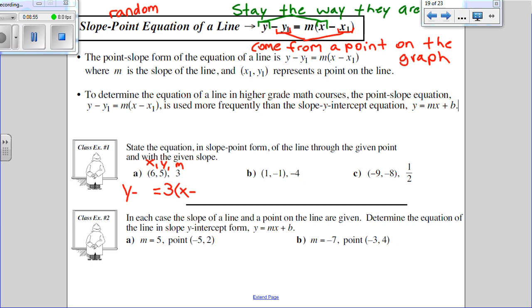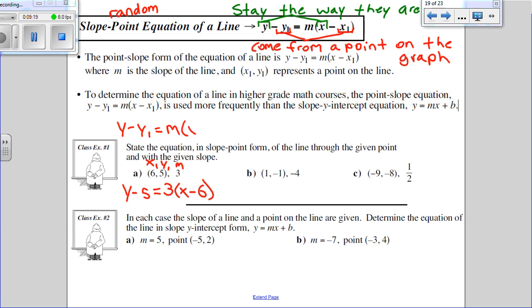Alright, here we go. Y minus 5, x minus 6. Just have to catch up and fix the mistake that I made earlier. Notice how all these things just matched up with our formula. Right?